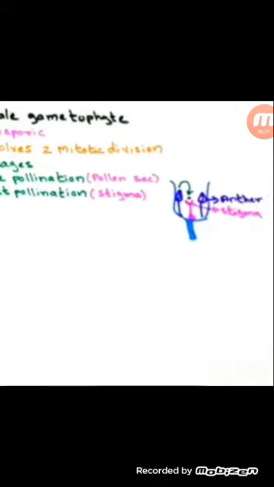So what is the first stage? The first stage is pre-pollination or before pollination, which happens inside the pollen sac. The second is post-pollination, when the pollen grain falls on the stigma, that is called post-pollination. Where does it take place? It takes place on the stigma. Look at the diagram.